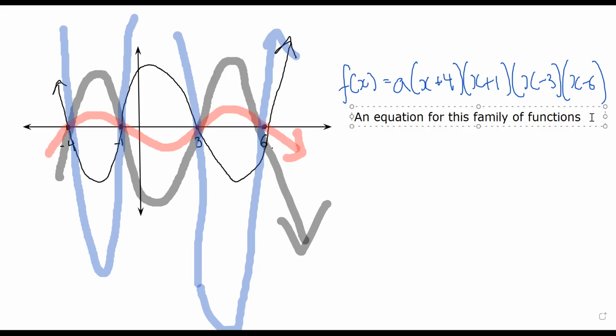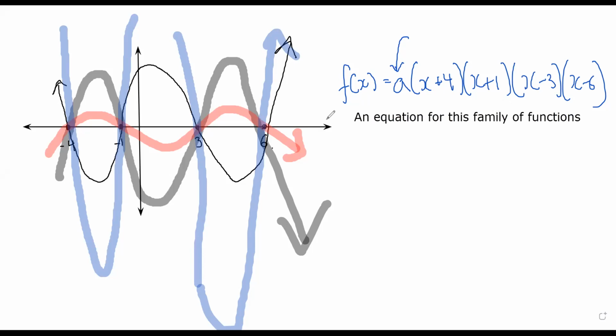So when I say give me an equation for a family of functions, you don't know which actual member of the family it is. So you leave it ambiguous, you leave it blank. This is an equation for a family of functions.